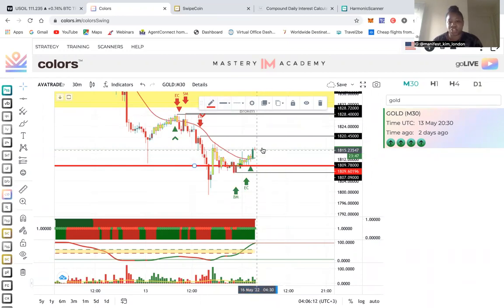You just enter the trade and you get your stop loss and take profit. Somebody could redrop the TPs for me, and then the stop loss is 1809.60. 1809.60 for the stop loss. This is market execution, so there's no entry there for you to get.